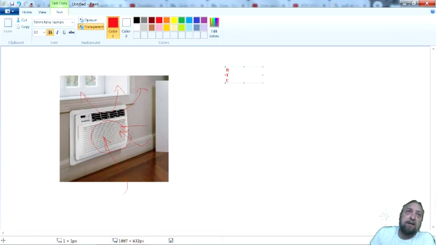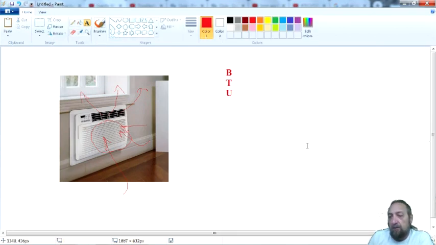And the thing is that rating is usually per hour, but it could be rated in other things, per minute, per day, per whatever. But British Thermal Unit is the unit of measurement used to measure heat.